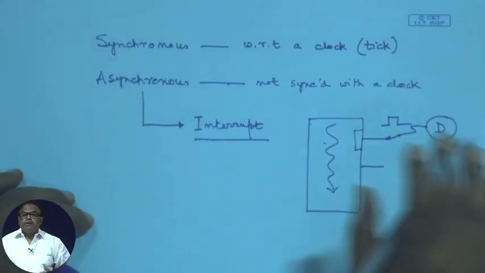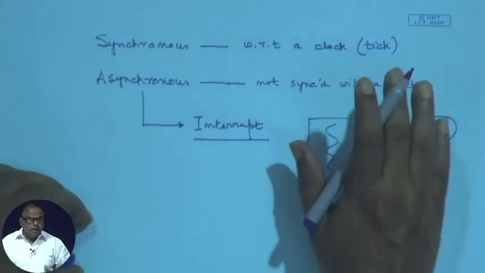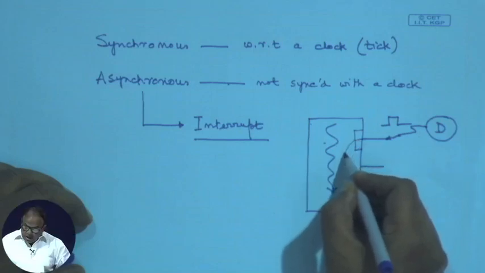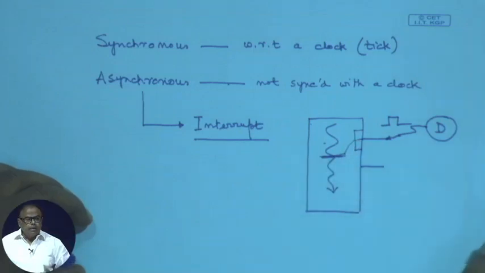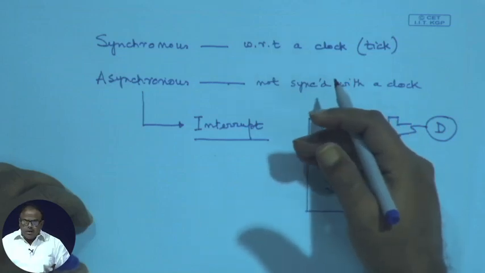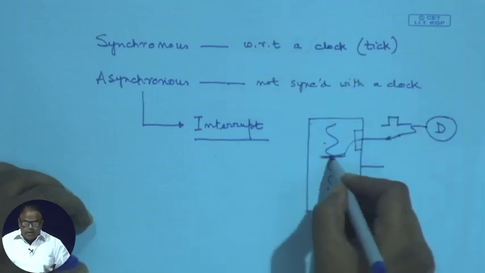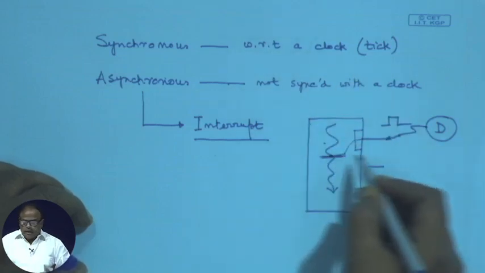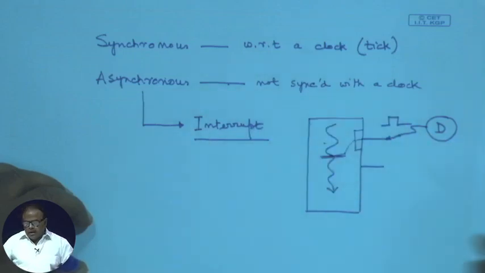If the interrupt is not masked deliberately, not disabled deliberately, then it will be acknowledged and this program will be interrupted. Whenever an interrupt occurs, we remember the status at this point and then go to some interrupt service routine, and after servicing we come back.